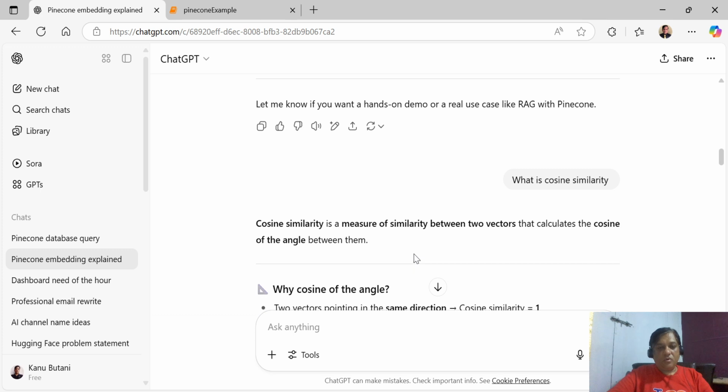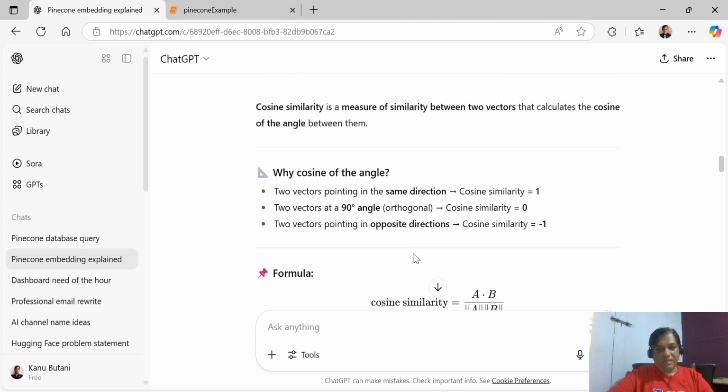And so the cosine similarity is over here. What is cosine similarity? It measures the similarity between two vectors by calculating the cosine of the angle between them. Two vectors in the same direction give 1, two vectors at 90 degrees give 0, and two vectors in opposite directions give -1.